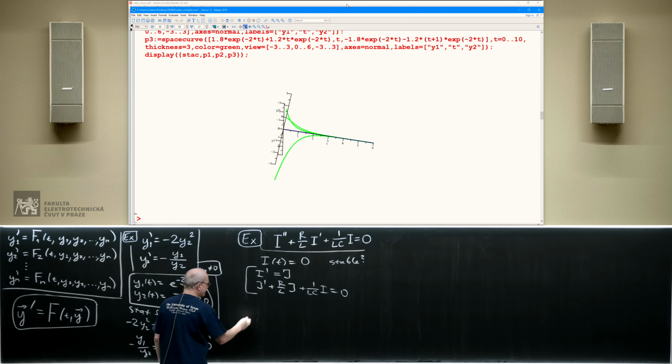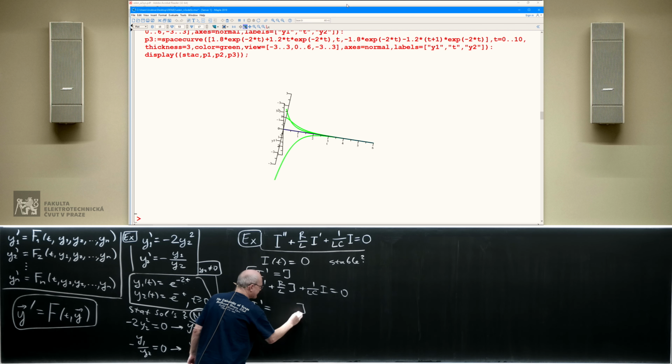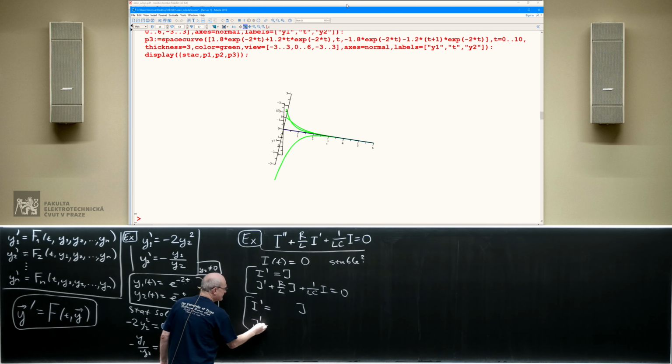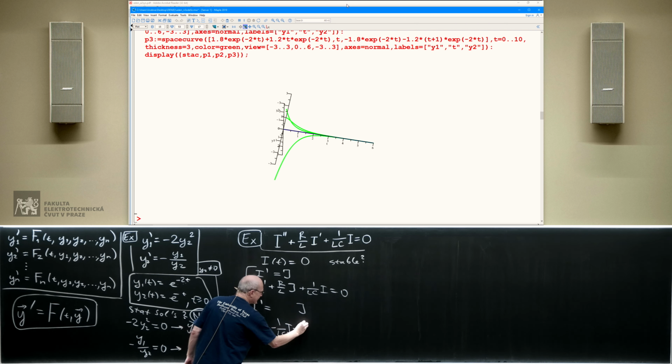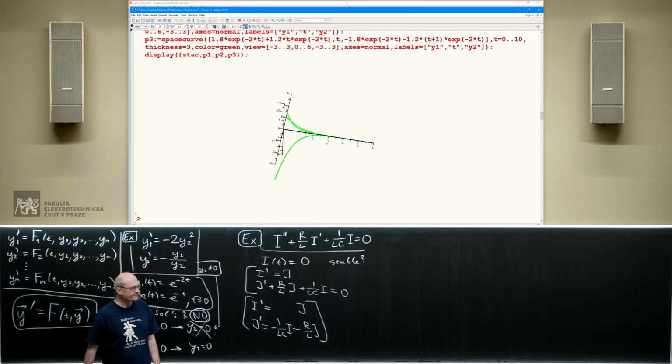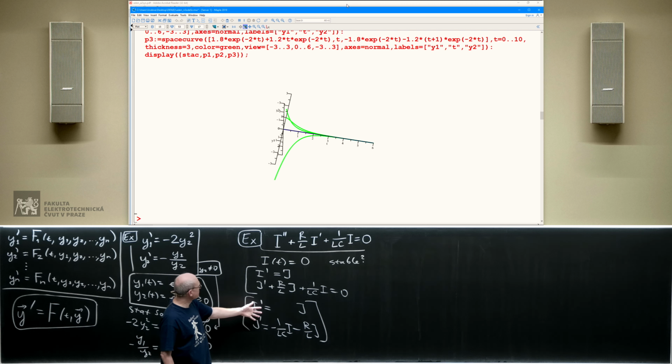And let's rewrite it. So the proper form is I derivative is J, J derivative is minus 1 over LC I minus R over L J. That's the system that I'm looking at, and it has the obvious trivial solution, I is 0, J is 0.